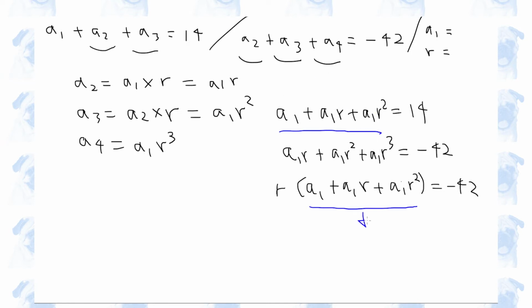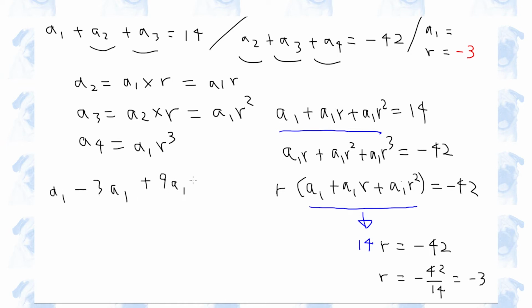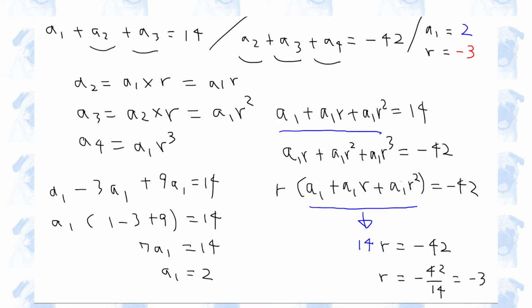So this is 14. So the common ratio r is -3. And let's substitute this value of r into the first equation to obtain the value of a sub 1. So the first term is 2, and this is the answer.